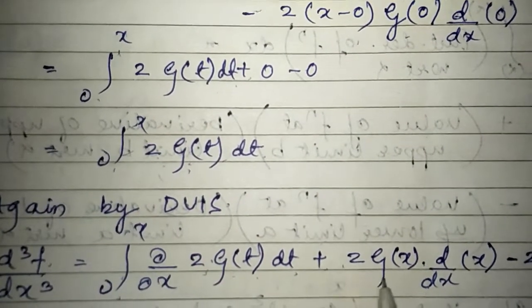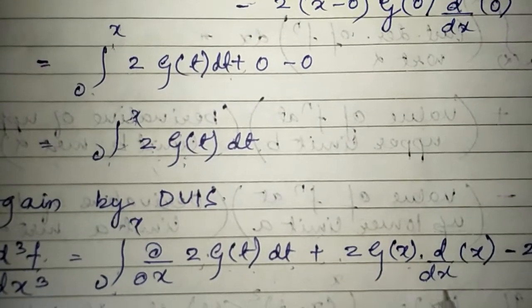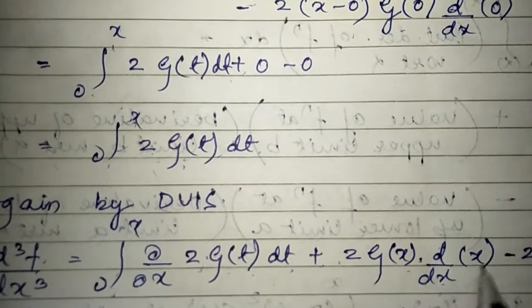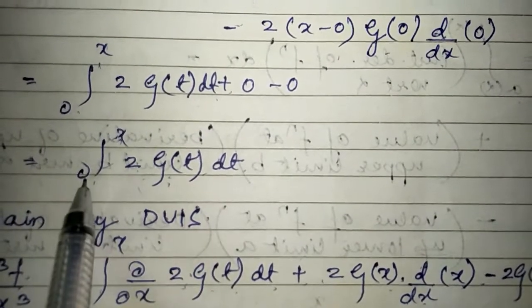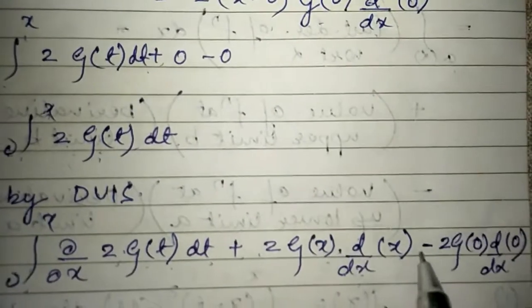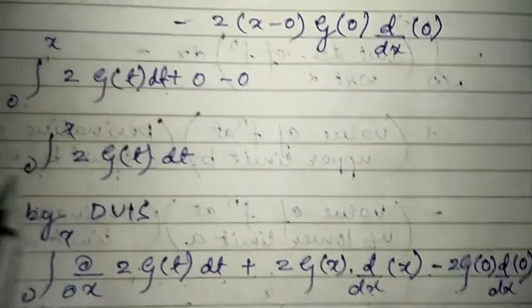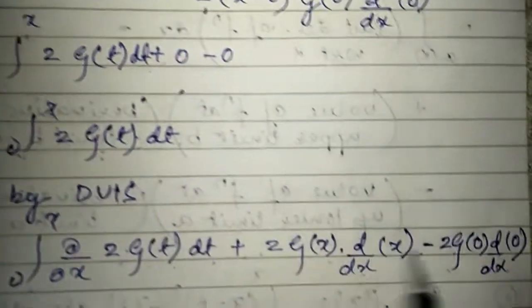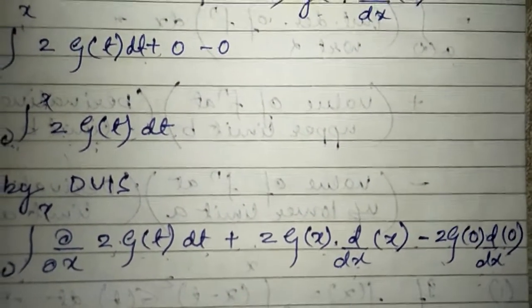So it will be 2 times g of x into, we have to differentiate the upper limit with respect to the parameter, that is d by dx of x, minus the value of this function at the lower limit, that is 2 times g of 0 into the derivative of the lower limit, that is 0, with respect to the parameter x, that is d by dx of 0.